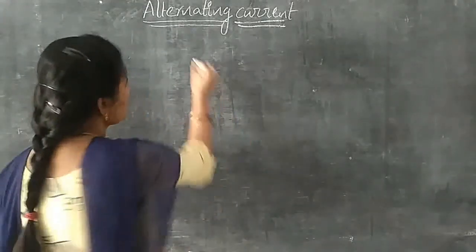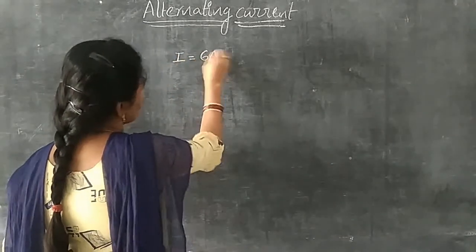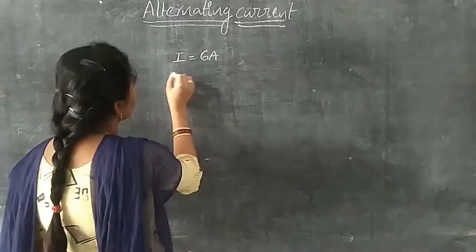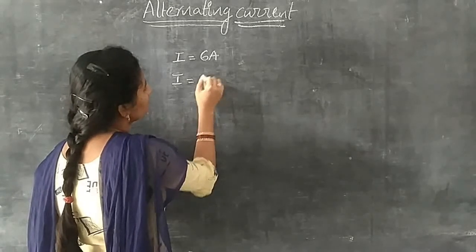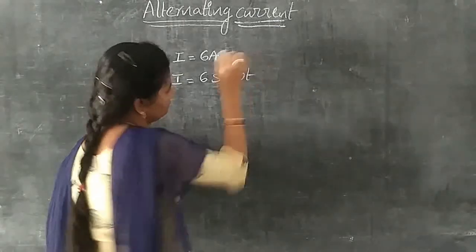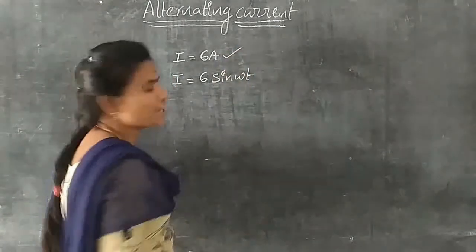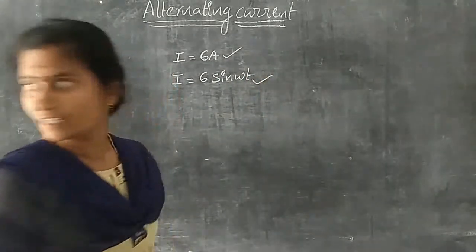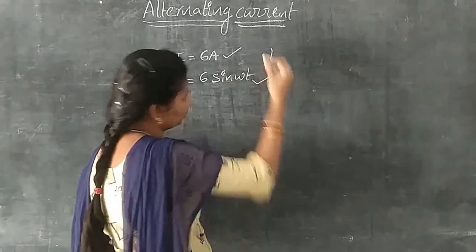Suppose for example, the current I is equal to 6 amperes. This is 6 amperes current and this is 6 sine omega t. So, what is the difference between these two?